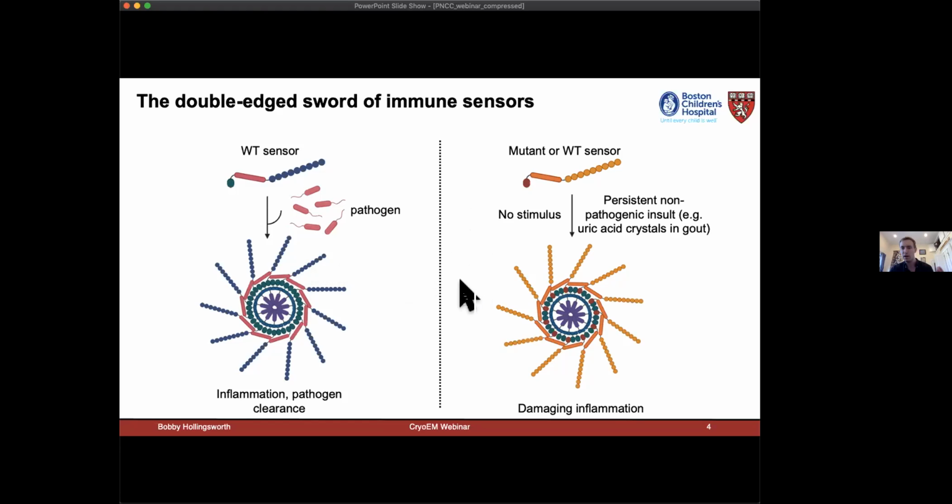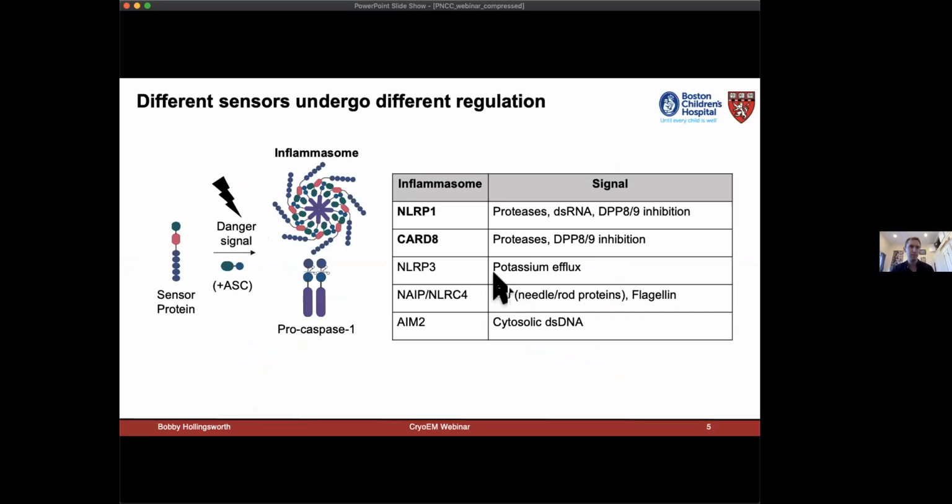And that can cause a variety of different diseases. And so understanding the repertoire of different sensor proteins, their precise functions, mechanisms, and structures can be helpful for designing medicines for a spectrum of diseases, whether it be pathogens that have evolved to circumvent these regulatory mechanisms, or diseases mediated by these inflammasomes themselves that might cause cancers and autoinflammatory diseases.